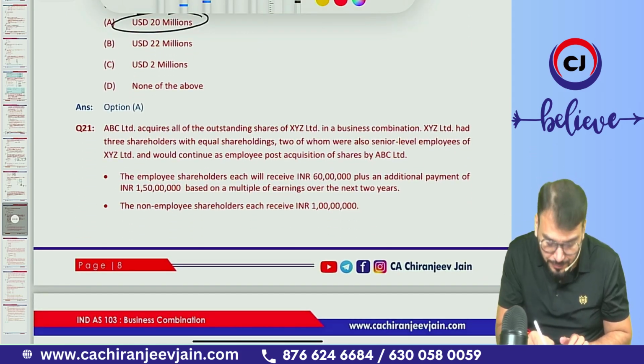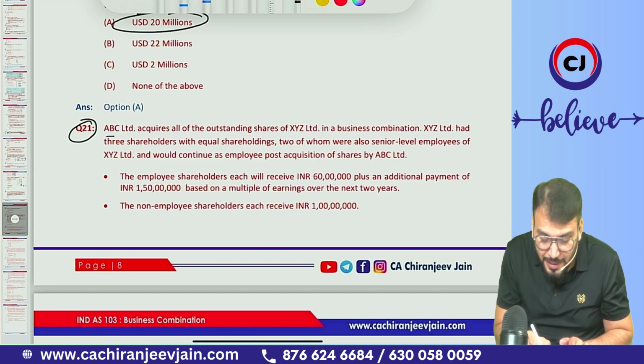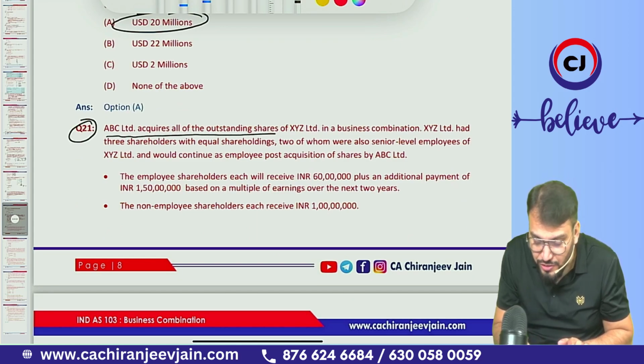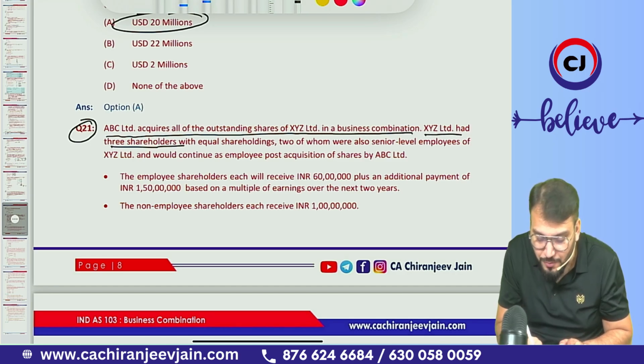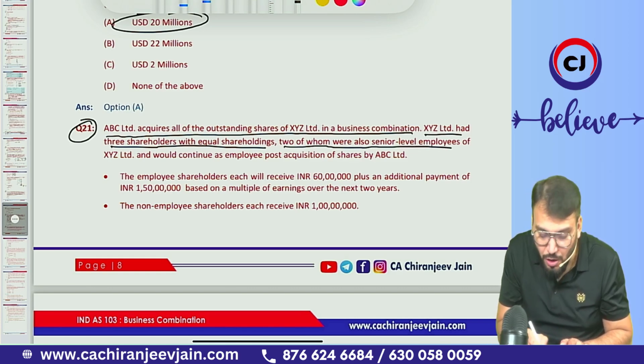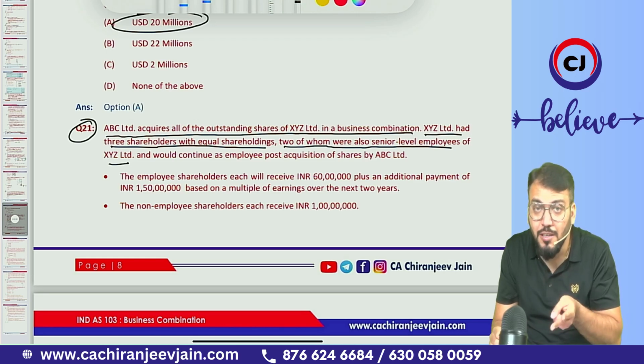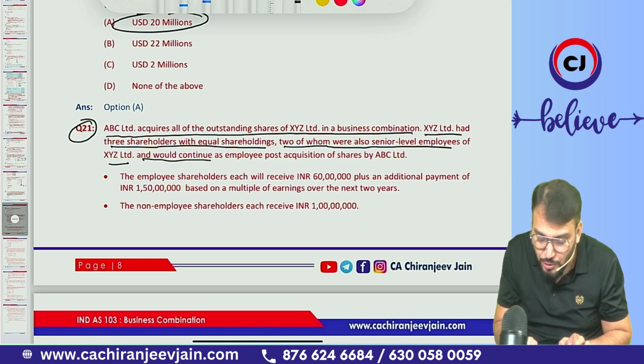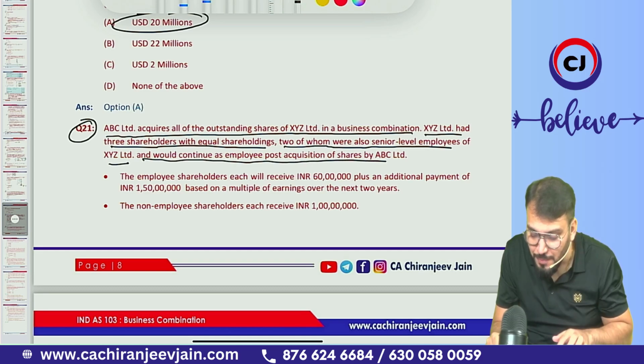Okay, sir. Question 21. ABC Limited acquired all of the outstanding shares of XYZ Limited in a business combination. XYZ Limited had 3 shareholders with equal shareholding, 2 of whom were also senior level employees of XYZ. Means out of 3, 2 are employee shareholders and would continue as employees post acquisition by ABC Limited.